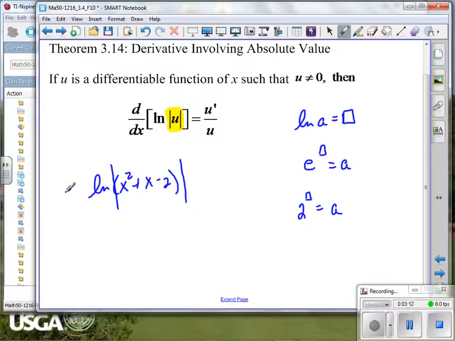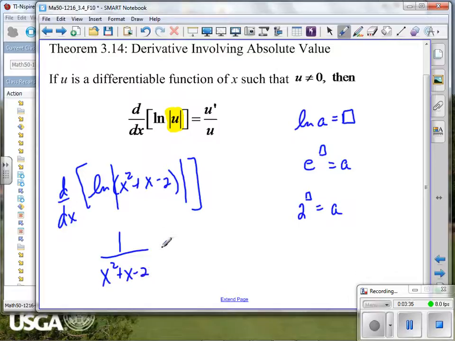What if now I want to take the derivative of this function? So if I take the derivative of this function, then the inside function is x squared plus x minus 2, and the outside function is natural log. And we talked about how when we take the derivative of the natural log, we take 1 divided by the quantity, and then we multiply by the derivative of that quantity, and that's exactly what we're saying up here.